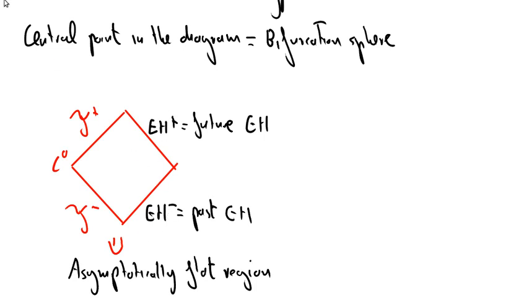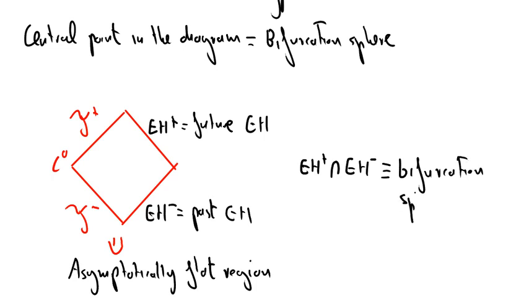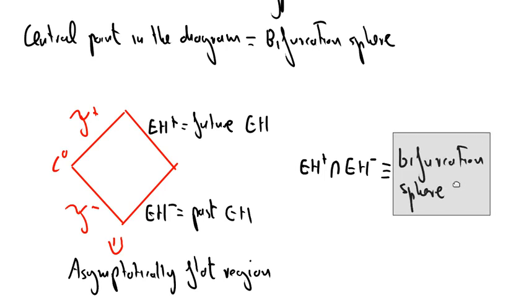And the set in which the future event horizon and the past event horizon intersect is what is called the bifurcation sphere. This is supposed to exist in a generic black hole.